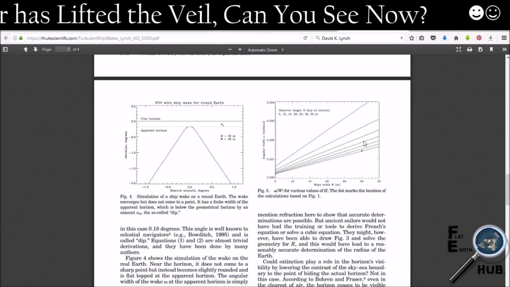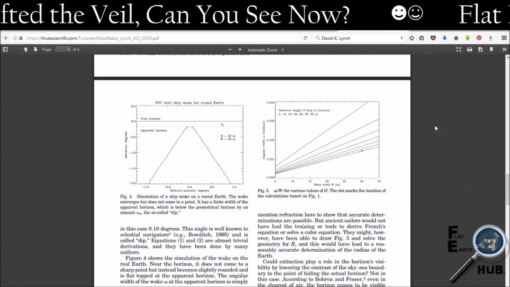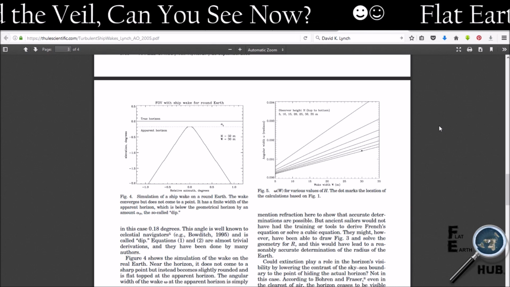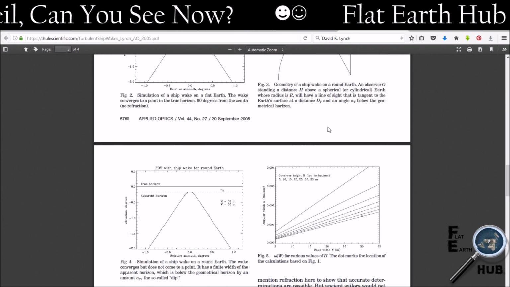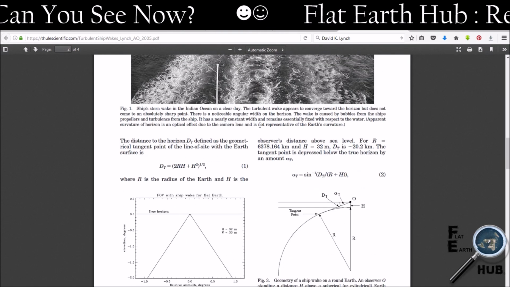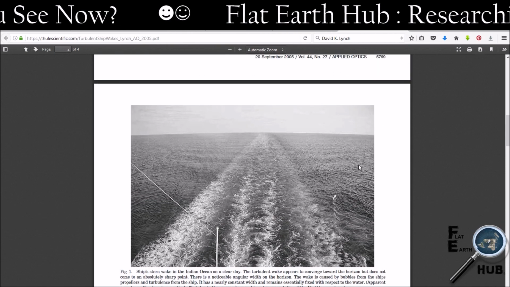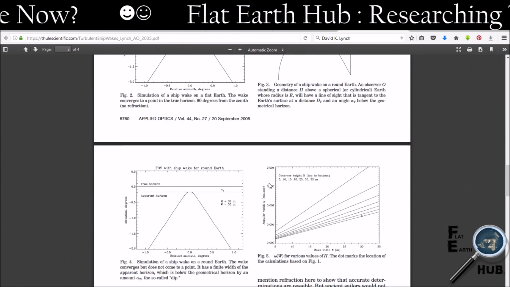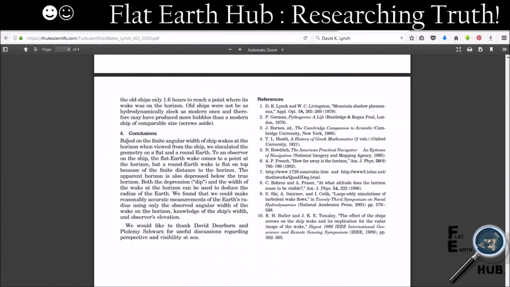They still had a little bit of a wake in the horizon that they could have measured, which would have told them it was curved back in the past, which I think is a bunch of baloney, the way he puts it. But the mere fact that he's using a picture that he later says is incorrect as the basis for this experiment only leads to a false conclusion, in my opinion.